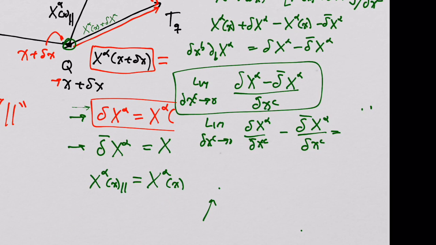This thing is simply the partial c x alpha, which is the normal partial derivative with respect to the coordinates x c, right? So we end up writing it with that notation, minus this guy, right? Where again, all of the mystery is sort of wrapped up in this term up here, right? So there's some derivative going on here that we're going to have to struggle with.